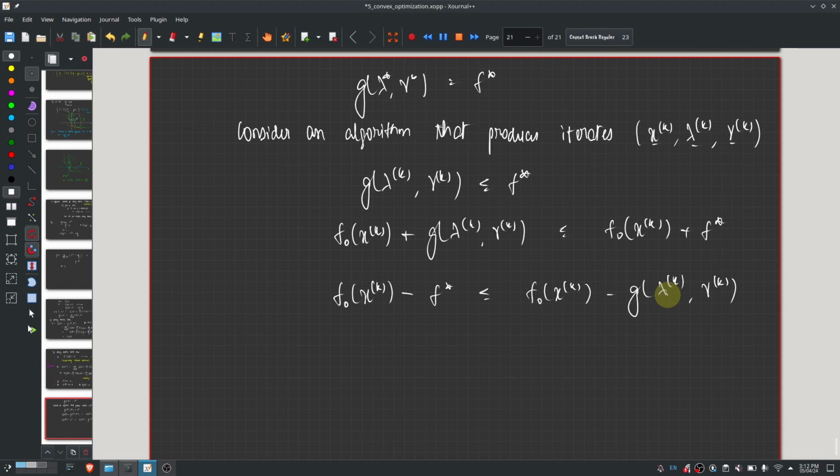Which is great, because what is the left hand side? Correct, it's how far you are away from the optimum. So this is the gap to optimality.